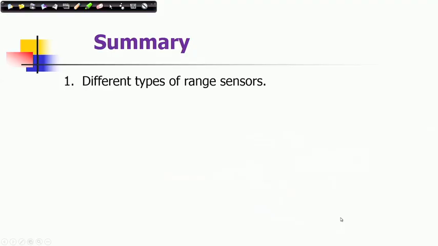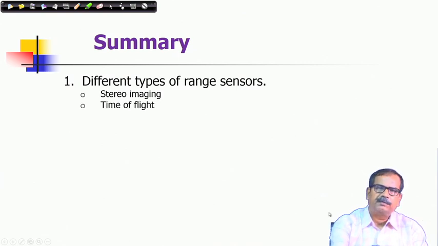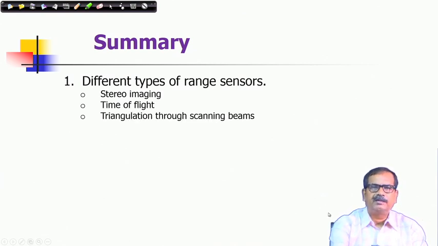Let me conclude this topic with a summary of the different things we discussed under the topic of range image analysis. One is that we have discussed different types of range sensors. We considered stereo imaging, then time of flight based sensors, triangulation through scanning beams, then structured light.